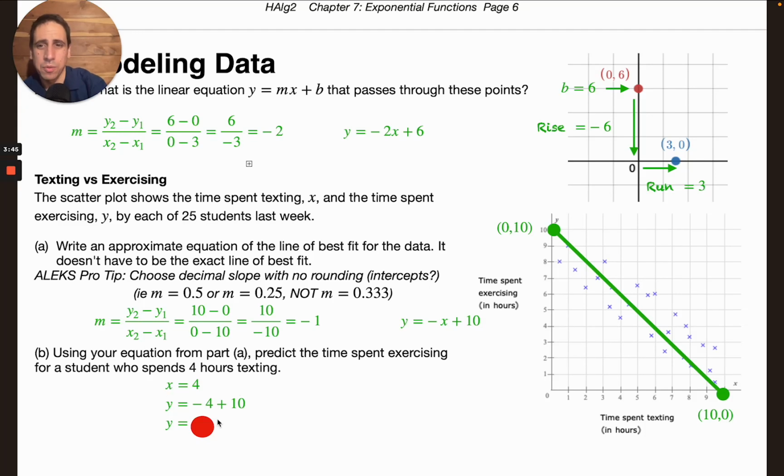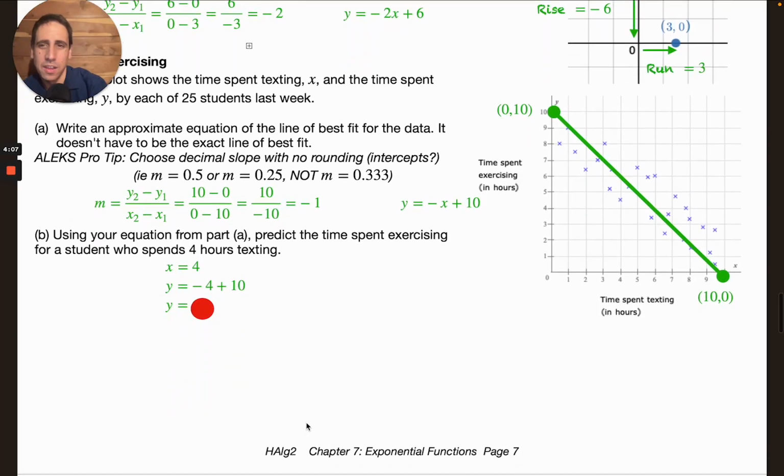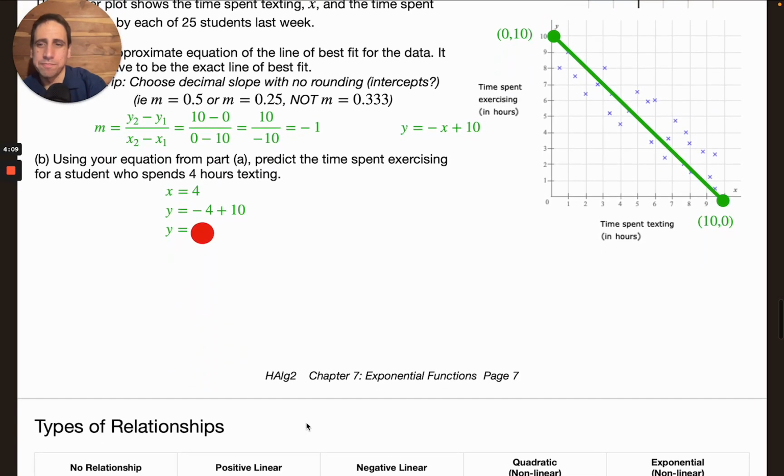So we say that x equals 4, and graphically you could go up to the line and say, oh, the y is equal to 6. Or you could numerically use the equation y equals negative, and the input is 4, so make it -4 plus 10, and you get what's down here. I'll leave it to you to see the answer there.